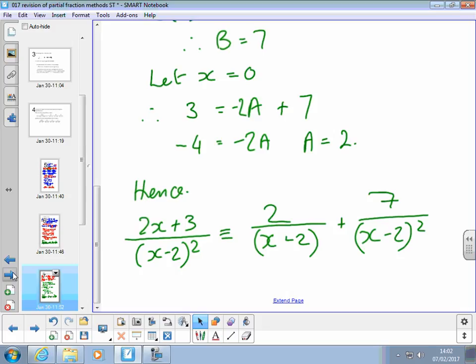The reason for this is next week we look at how we integrate, for example, a function like that. We can't do it directly, but we can integrate these.